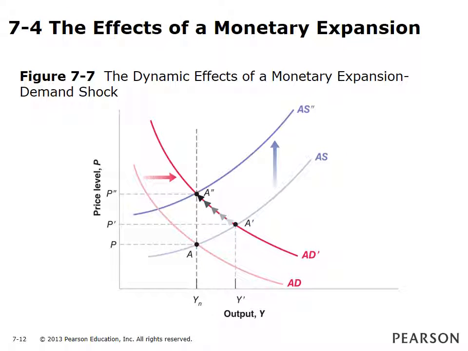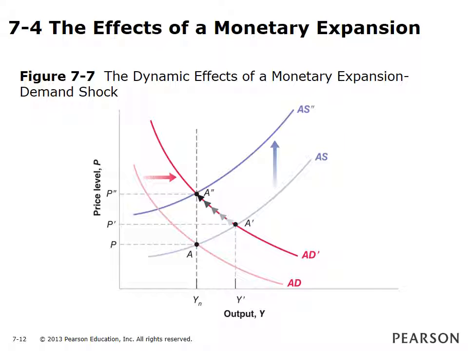Figure 7-7 shows that in the short run both output and price level increase as a result of monetary expansion. In the medium run, output returns to the natural level and the increase in price level is proportional to the increase in nominal money stock. In the short run, the economy moves from point A to A prime. Expansionary monetary policy will cause AD to shift to the right.